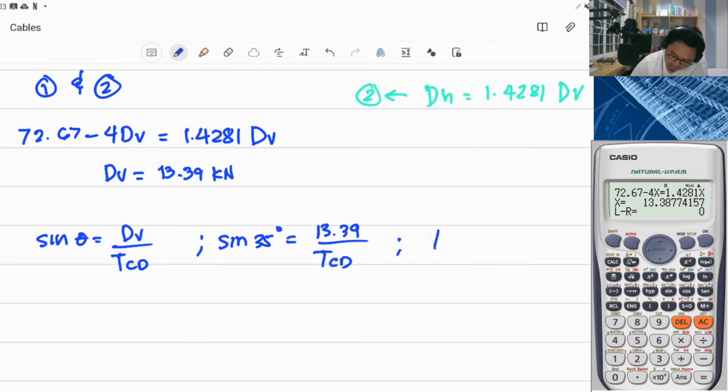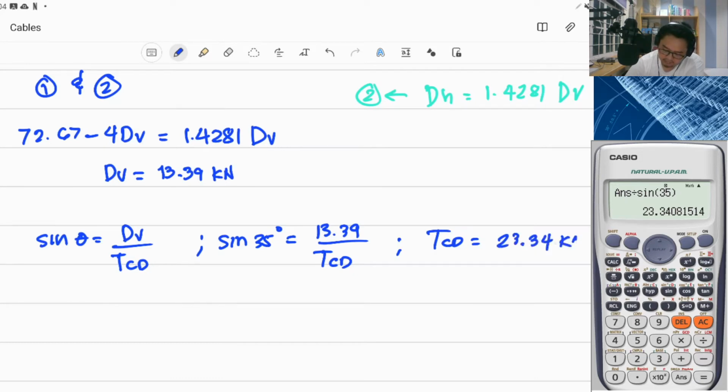So TCD equals this answer divided by sine 35. The answer is 23.34 kilonewtons. So we now have the tension at segment CD. This is our answer for the first question.